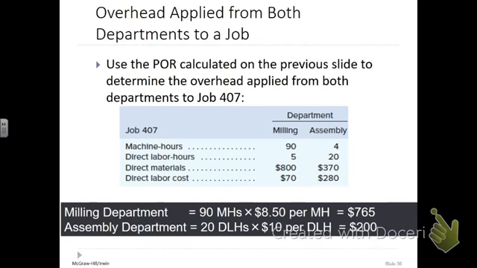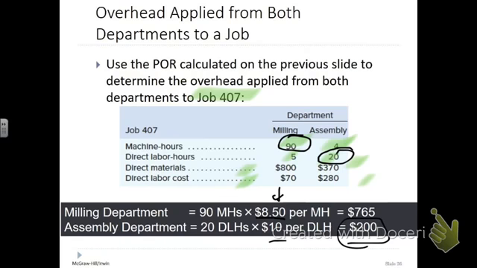Now they can go ahead and take a look at the job. Notice in this particular case, job 407 used various amounts of machine hours and direct labor hours. They had direct materials and they had direct labor. So notice the milling department used 90 hours at $850, and the assembly department used 20 direct labor hours at 10 for $200.